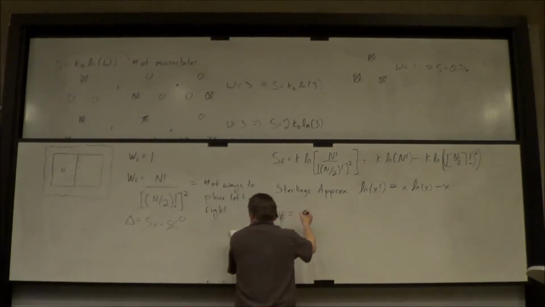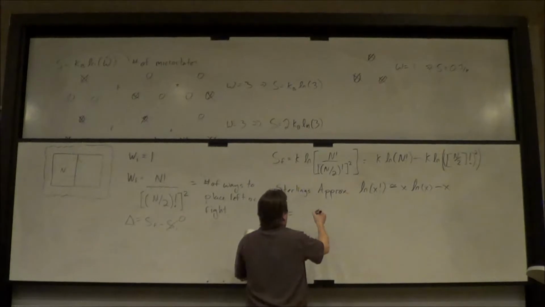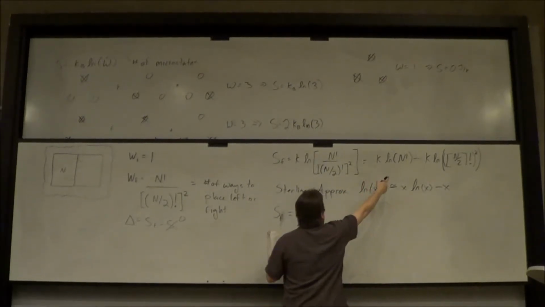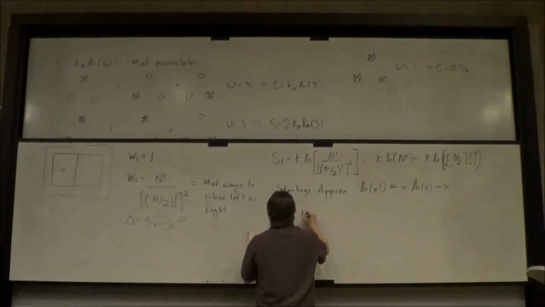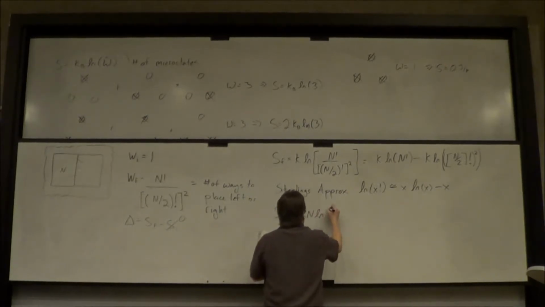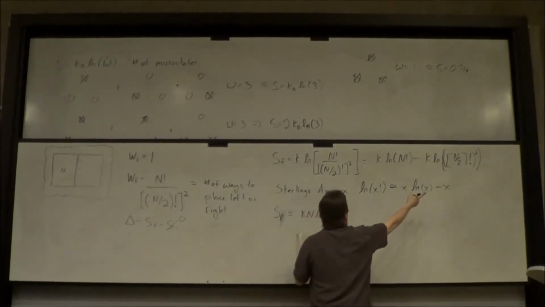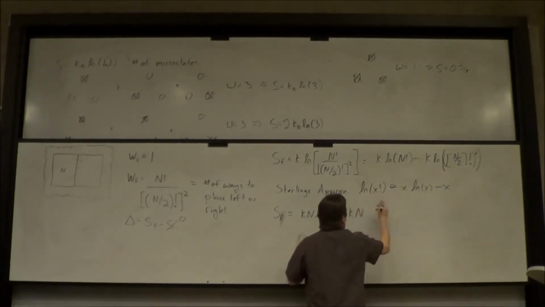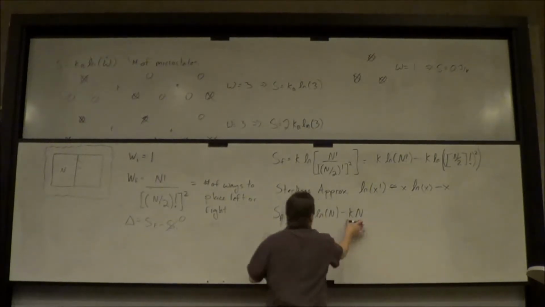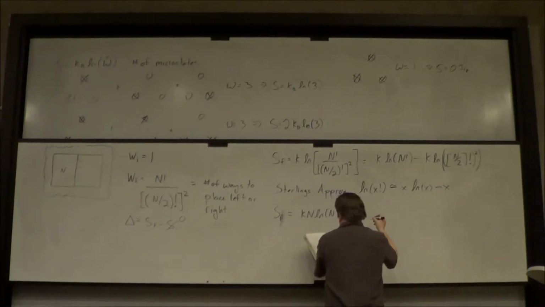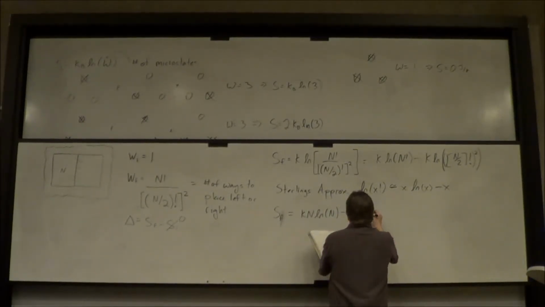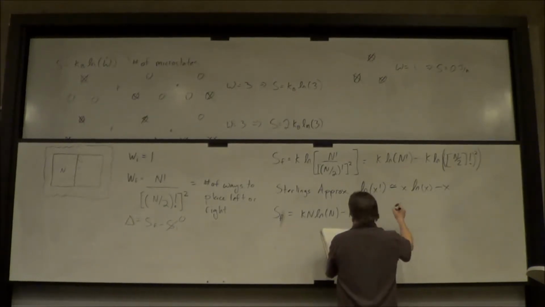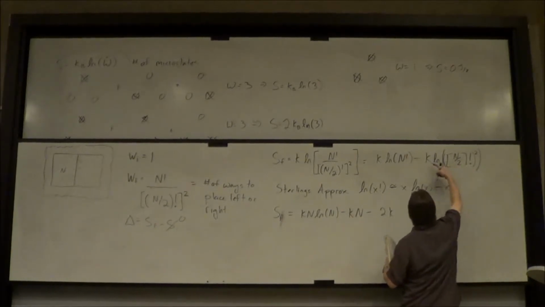Okay, let's use this. And I always get a little cross-eyed. Okay, so I got that. So that's kN ln N, minus kN. That guy's always there, right? So this. Okay, then I got the second term, which is a bit more complicated. Okay, I can bring down the 2. So I got 2k. I brought down the 2 out of the natural log.